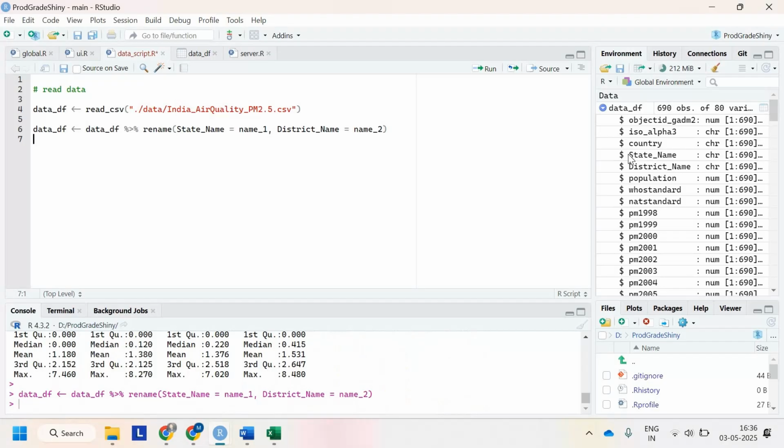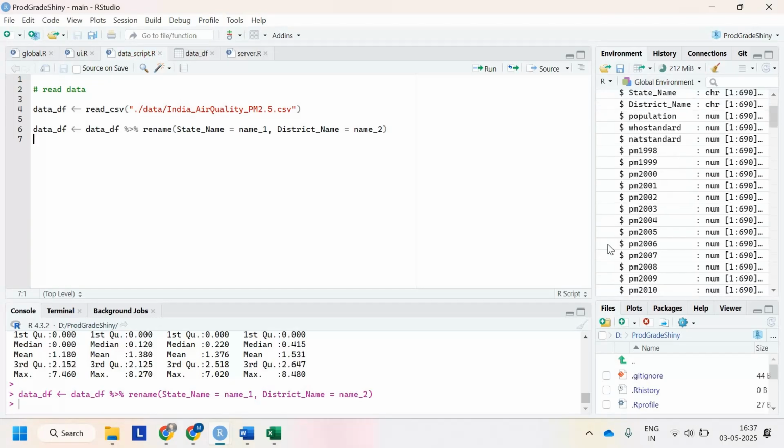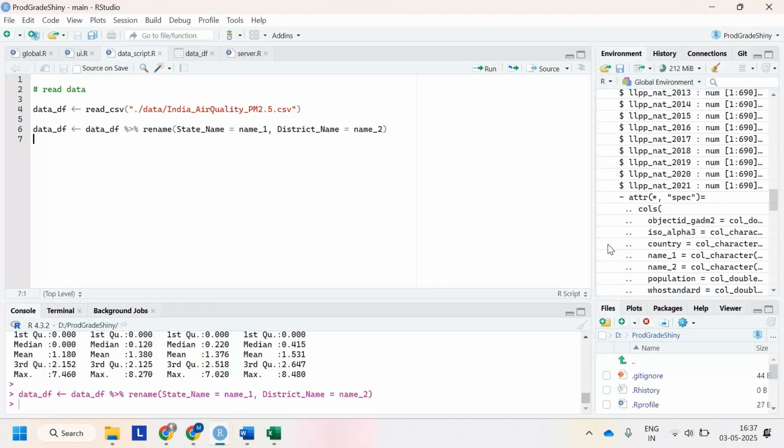Yeah. So you can see the names got changed from name 1, name 2 to country, state and district. That's fantastic. And I think everything looks fine.